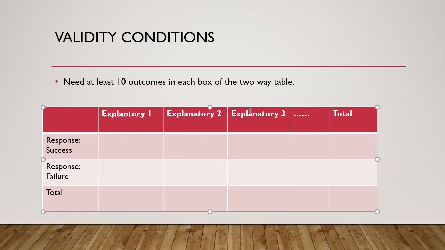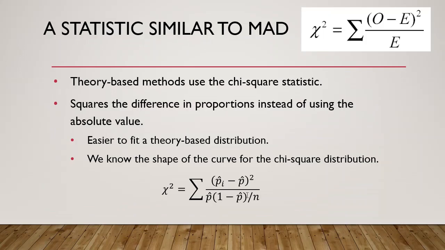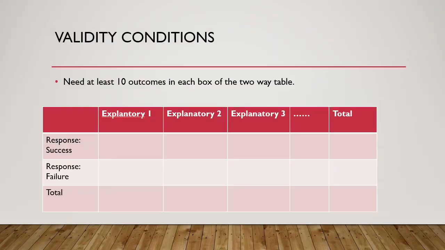We've seen that example before. However many explanatory variables, you need at least 10 successes and 10 failures in each box of data in your two-way table. That means you have enough sample size for the chi-squared distribution to be reasonable, and then you can use a theory-based test.